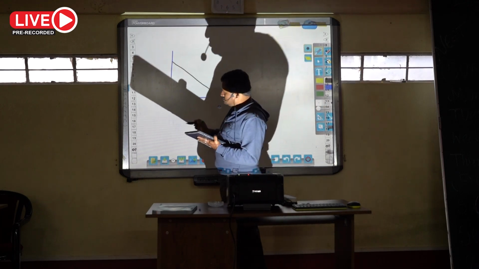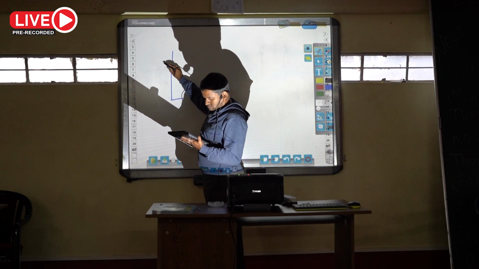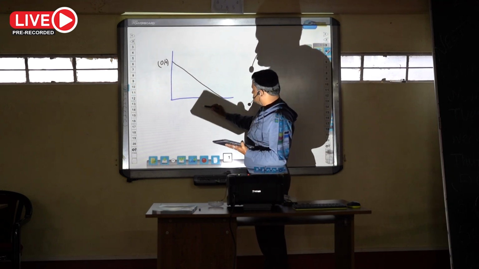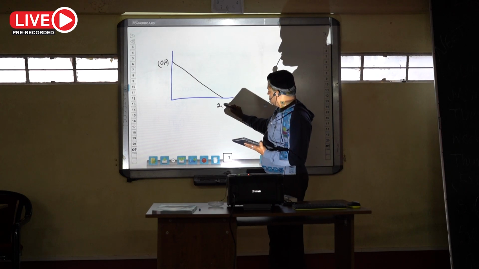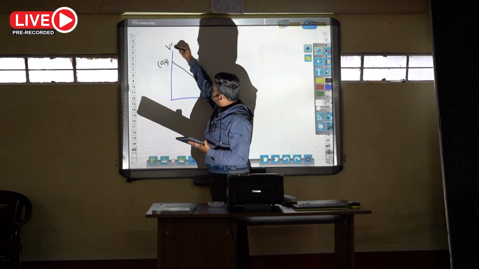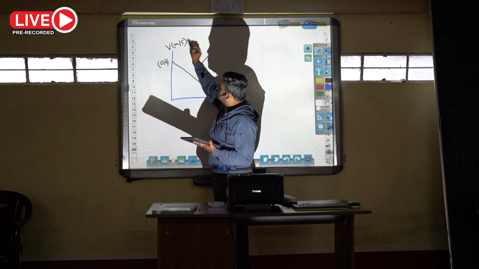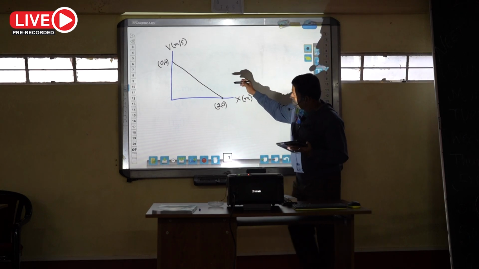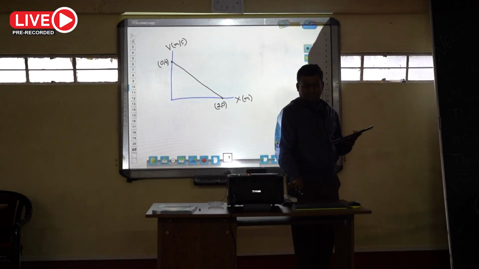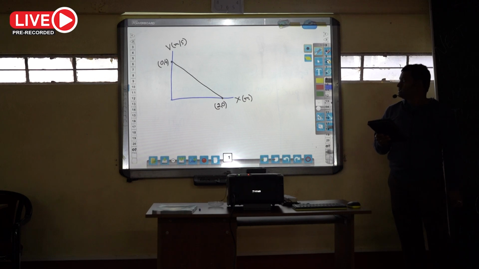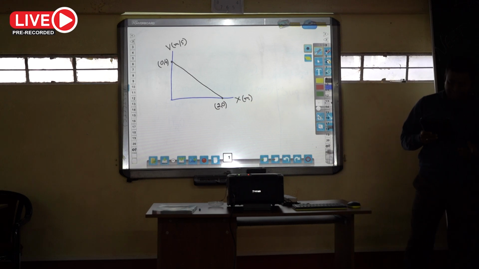Straight line. Velocity versus position graph is given, a straight line intersected at points 0, 4 and 2, 0.